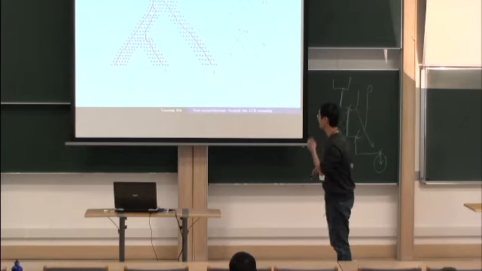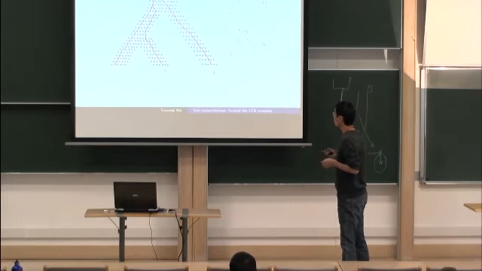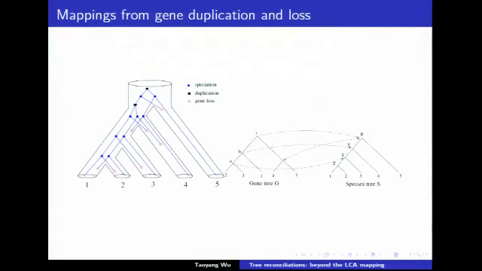Another well-studied evolutionary force behind the discordance is gene duplication and loss. In this case, a gene family evolves inside a species tree by three forces: speciation, which is the blue one, duplication, which is the black one, and gene loss.